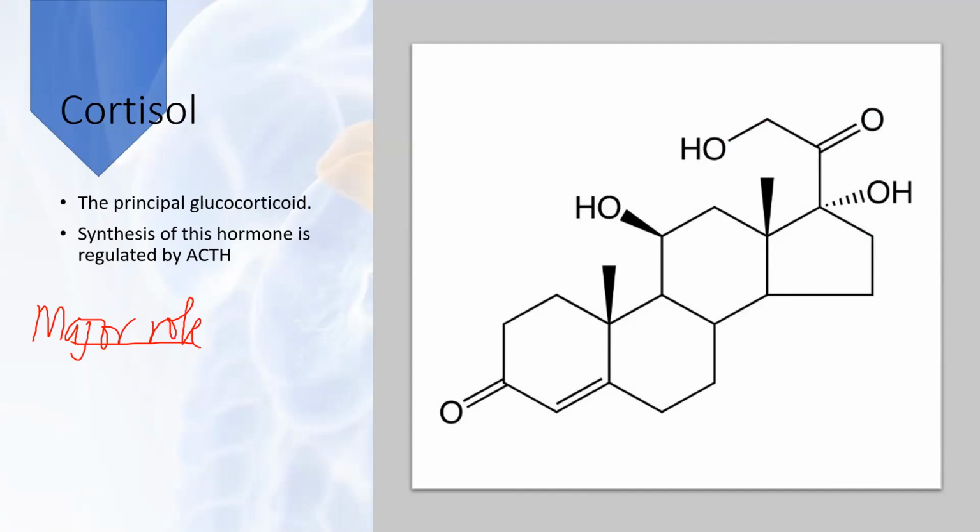Kagaya ng sinabi natin kanina, that it stimulates gluconeogenesis is its major role. Remember also guys that cortisol circulates primarily bound to plasma proteins. That is your transcortin, or meron din po tayong tinatawag na cortisol binding protein or cortisol binding globulin.